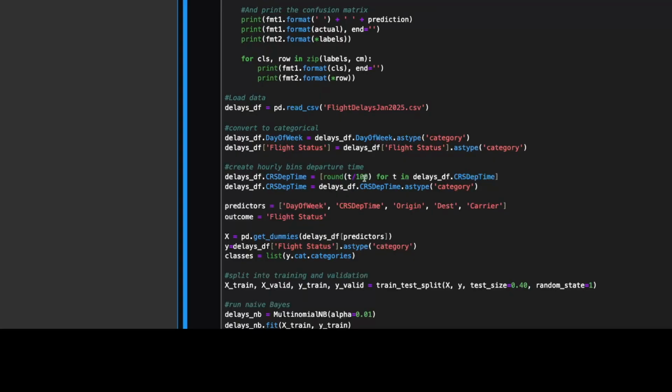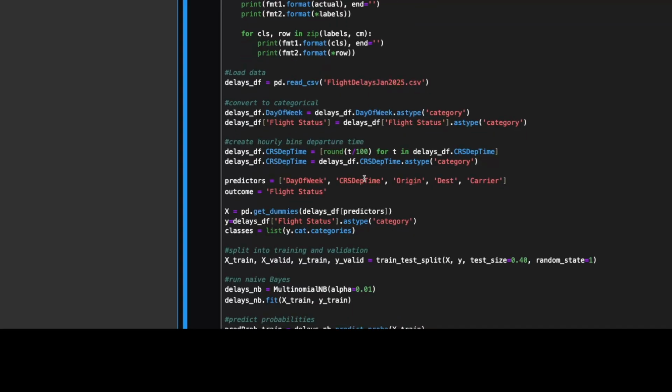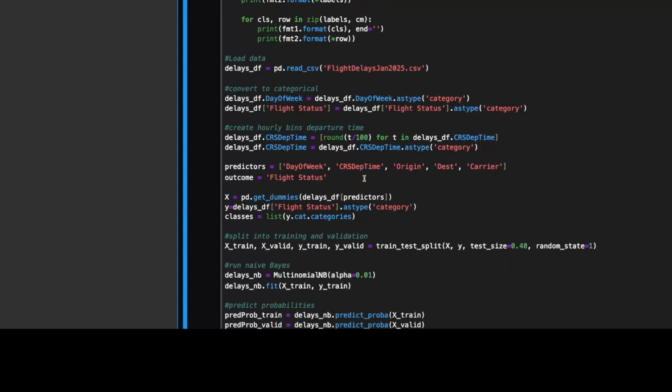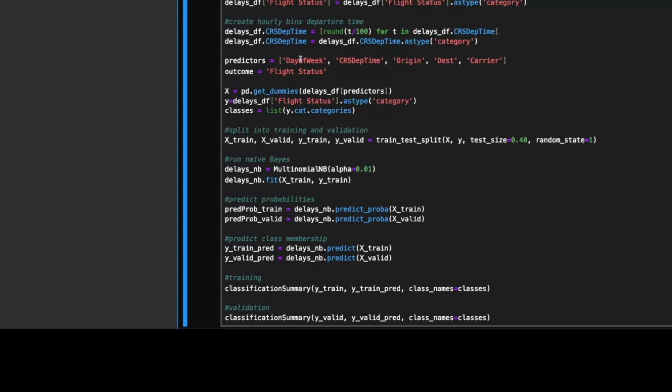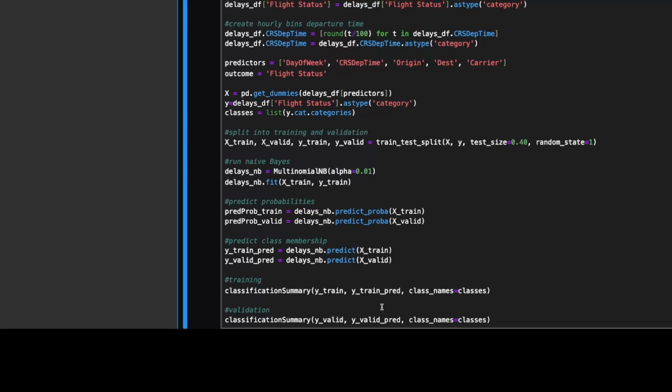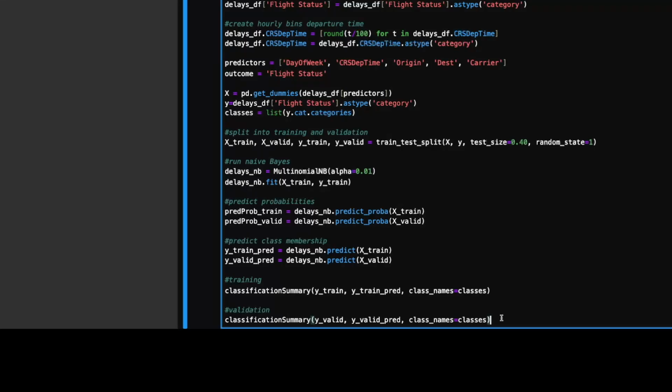So I'm just basically repeating some of the things that were done earlier just for pedagogical sake. But ultimately the goal here is to run this classification summary on the training set and the validation set and see how the results look.